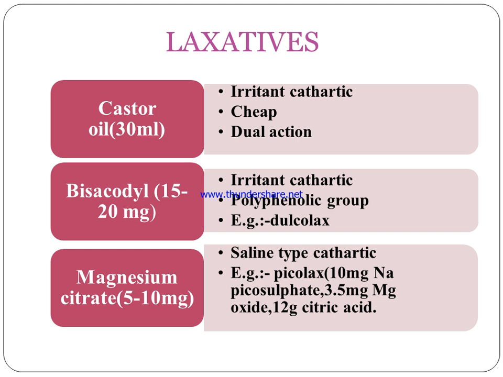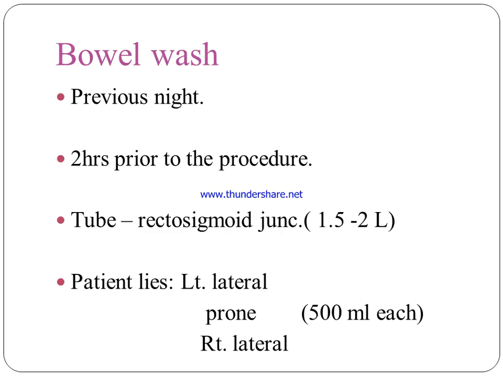There are also polyphenolic groups, for example the Dulcolax tablet present in the market. Magnesium citrate is a saline type cathartic. Examples are Picolax, sodium picosulfate, citric acid, and magnesium oxide. These are also present in the market.